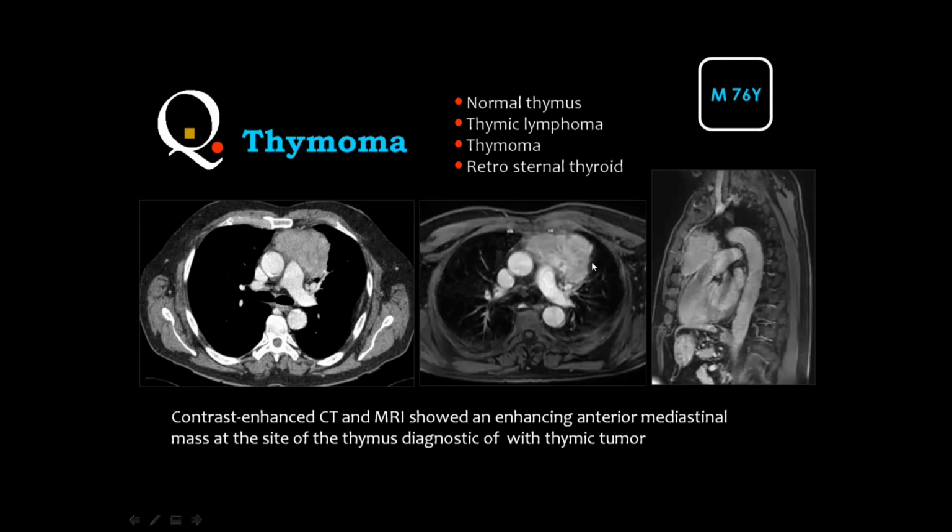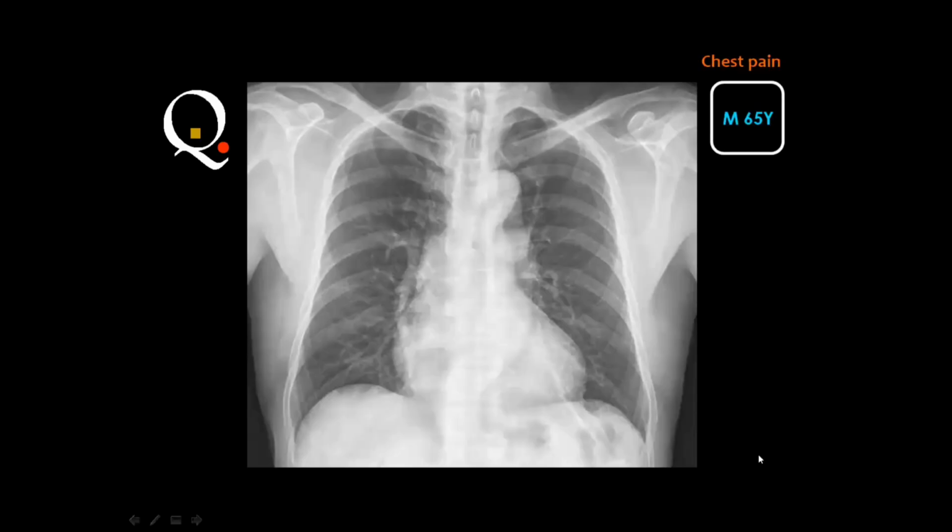But in order to diagnose retrosternal thyroid, you should see the continuation of the lesion into the root of the neck. And to diagnose other anterior mediastinal masses, you should find fat to diagnose teratoma. Next case.